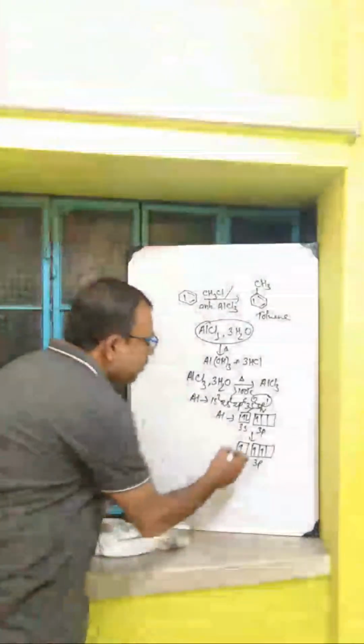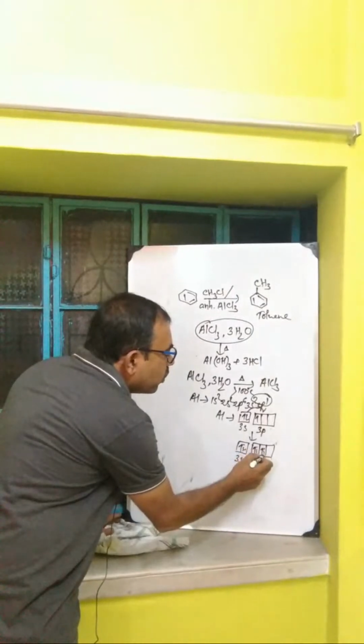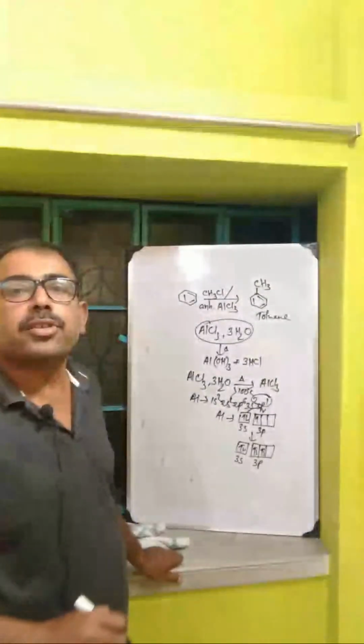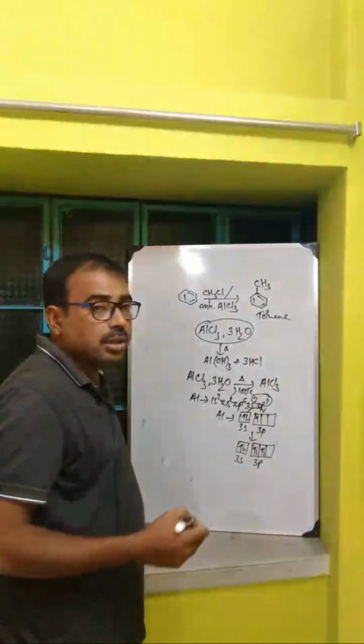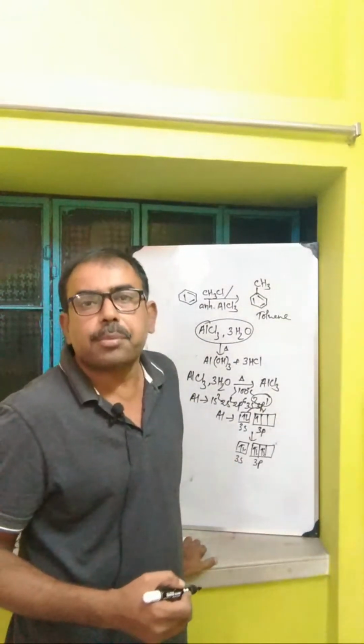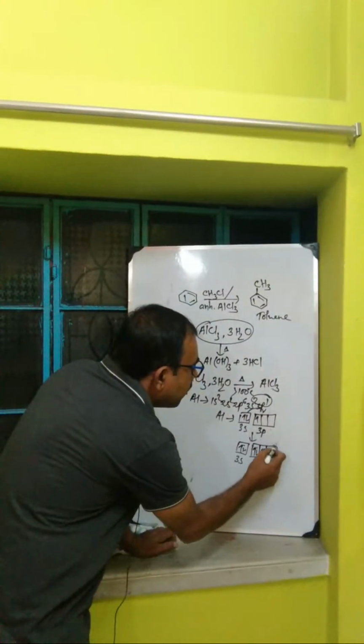So these unpaired electrons become bond pairs with the unpaired electrons of 3 chlorine atoms to form the AlCl3 molecule, and still after formation of aluminum chloride, the pz orbital remains completely vacant.